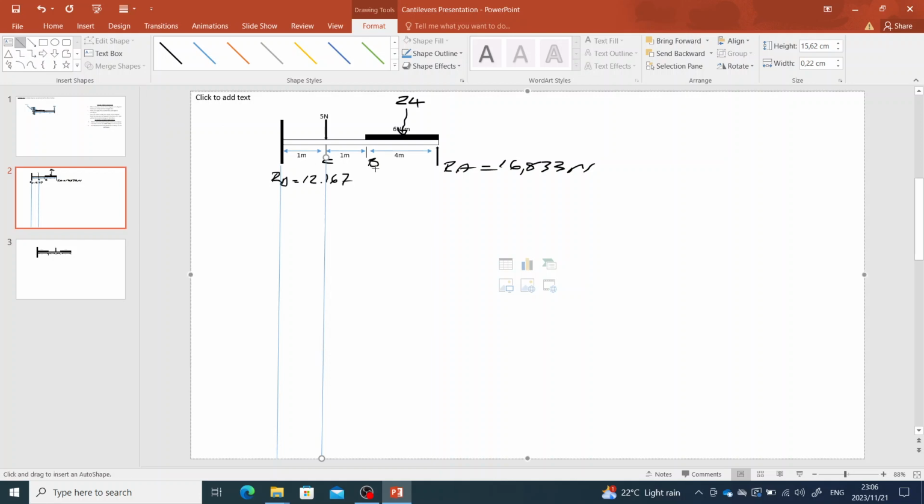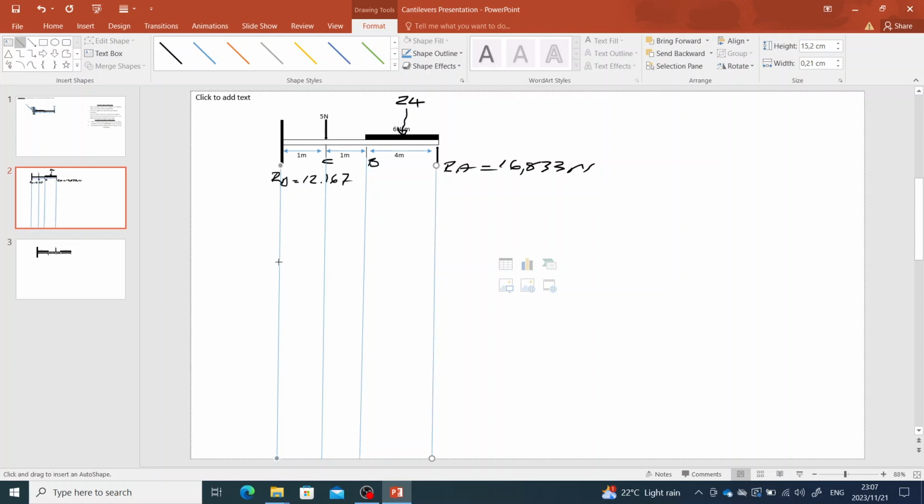Where the uniformly distributed load starts and ends, you draw the vertical straight line as well, because the effect of this extra load is from B to C. You need to draw the vertical straight line where it starts and ends.